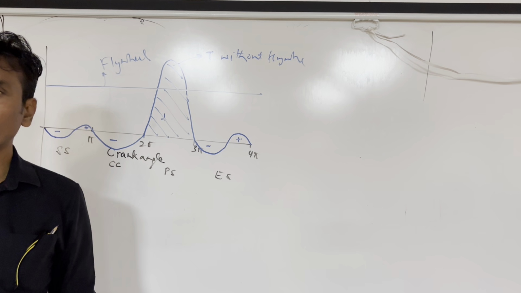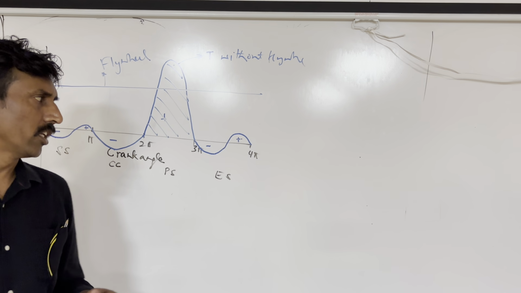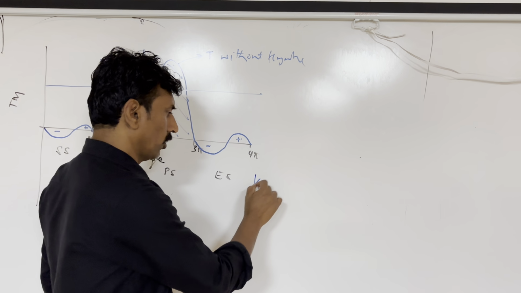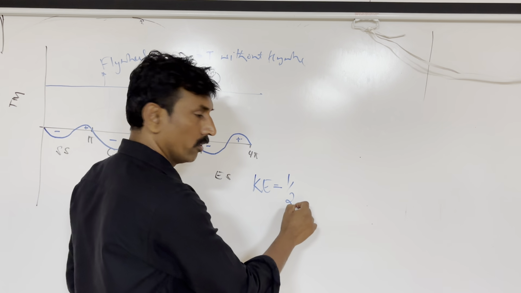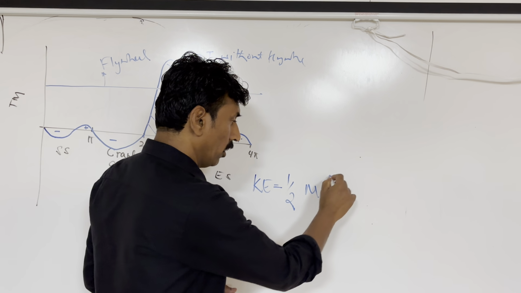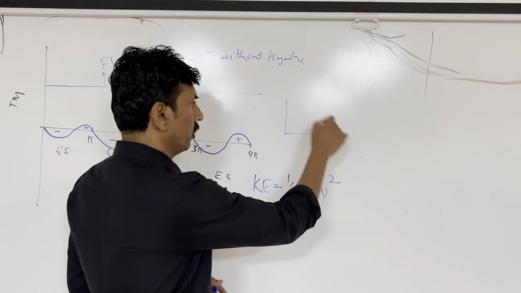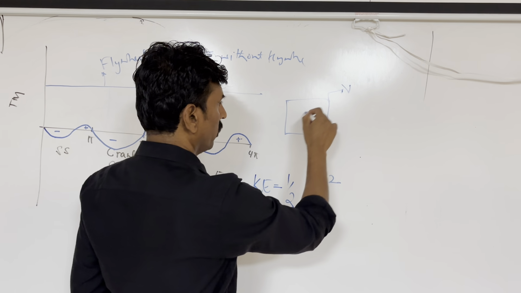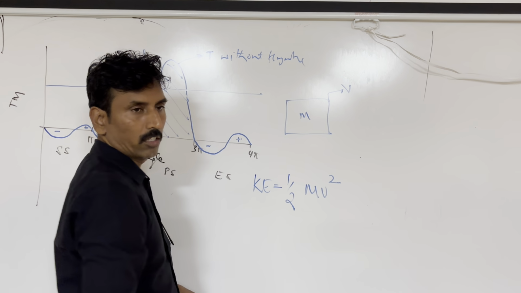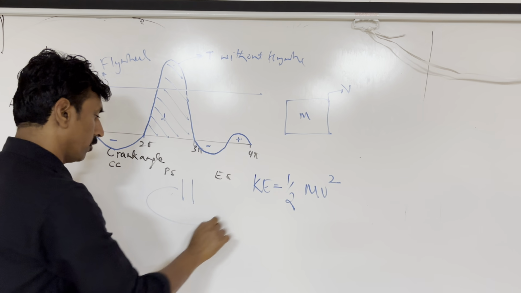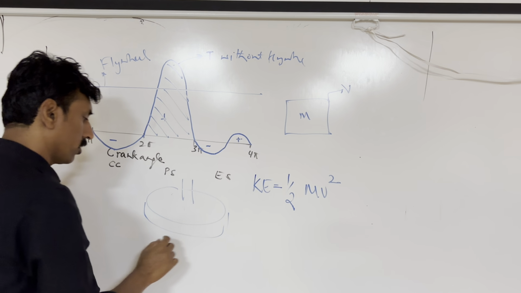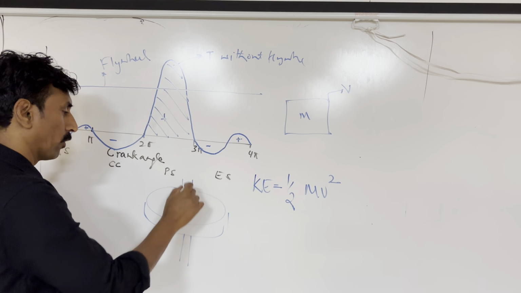So you know the kinetic energy formula. For linear motion, kinetic energy is half m v squared, for a body of mass m with velocity v. Suppose you have a body which is rotating, what is the kinetic energy stored?